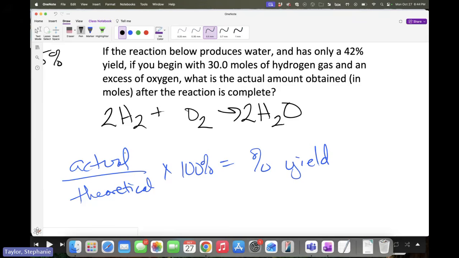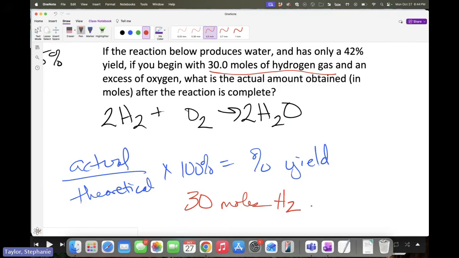So the actual is what we're going to solve for. The theoretical I still need. But what I do know is I have 30 moles of hydrogen gas. Since I know that, I still need a theoretical amount of water if it just worked perfectly.